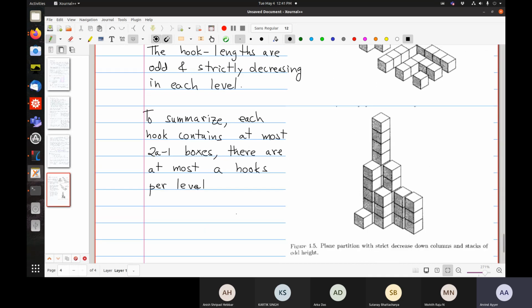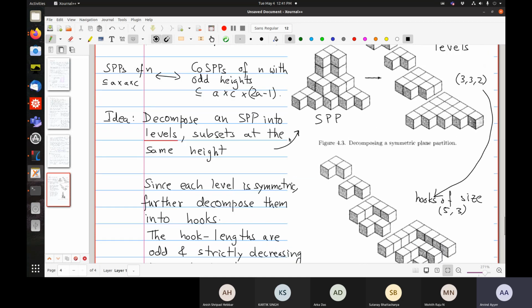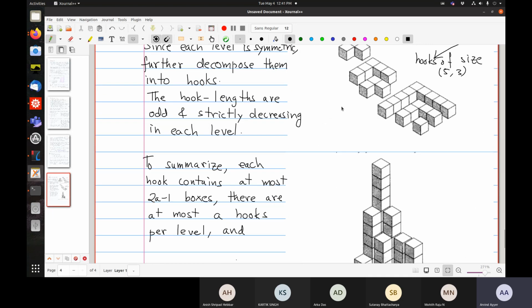So there are at most A hooks per level, and how many levels are there? The height is at most C, so you have at most C levels.